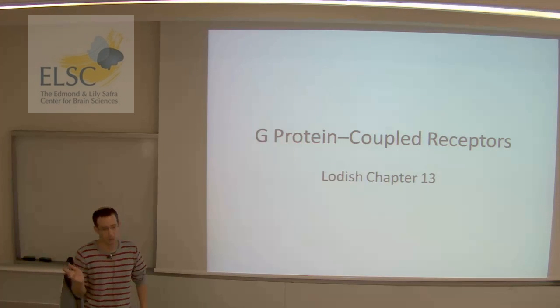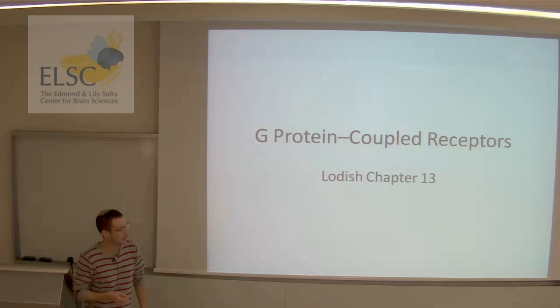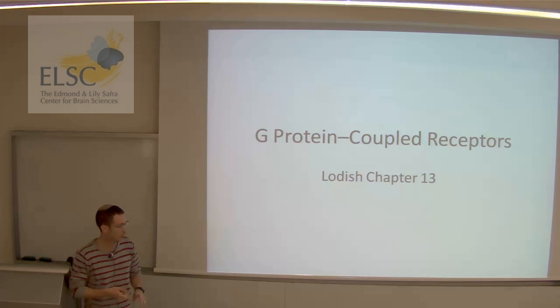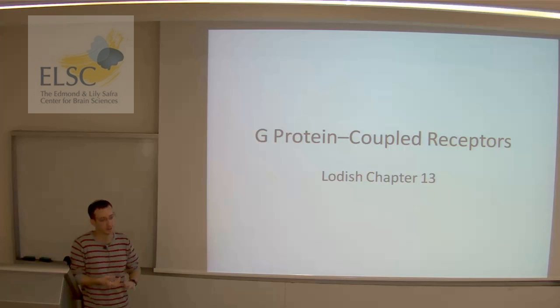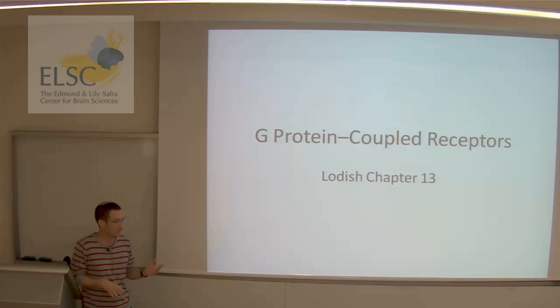Maybe just one more word of motivation about these proteins. They function in so many bodily functions and senses. They function in vision, in smell, in taste, I think in touch also, in digestion, in neuronal plasticity, and many other mechanisms.